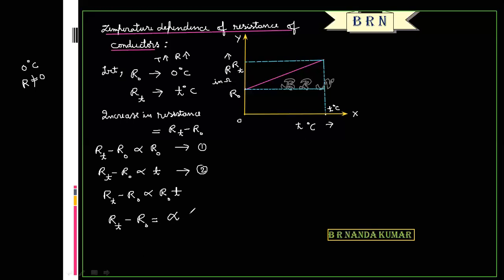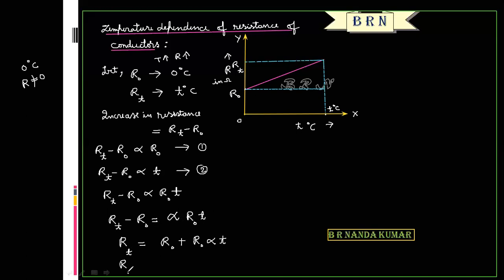Alpha is the proportionality constant, called the temperature coefficient of resistance of the conductor. So this equation can also be written in the form RT is equal to R naught plus R naught alpha T.